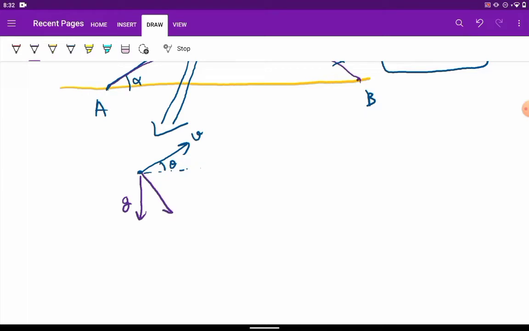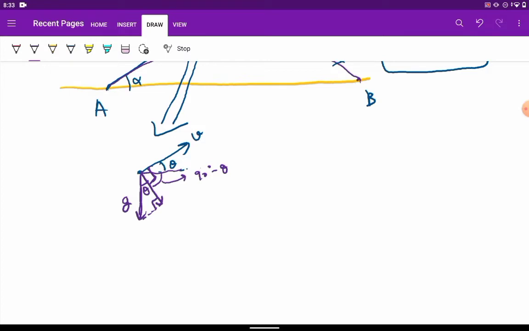So the component normal to the velocity: if this angle is theta, this angle will also be theta, because this angle in between will be 90 minus theta, and since this and this also form a right angle, this will be theta, right?